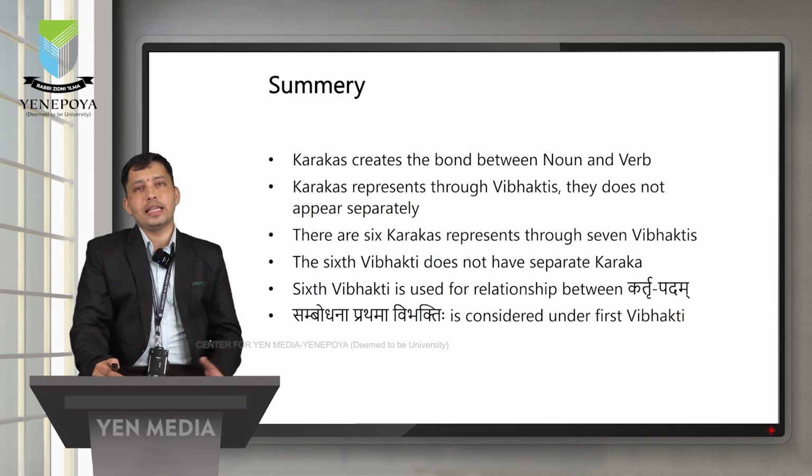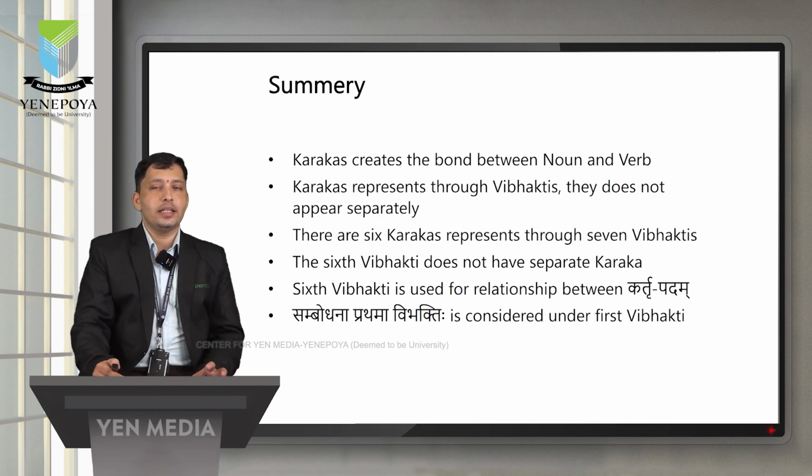Now let's recapitulate this entire topic. Karakas are the bond between Namapada and Kriyapada, or noun and verb. That's why they are very important to get meaning in a sentence. Karakas are represented through Vibhaktis; they do not appear separately.